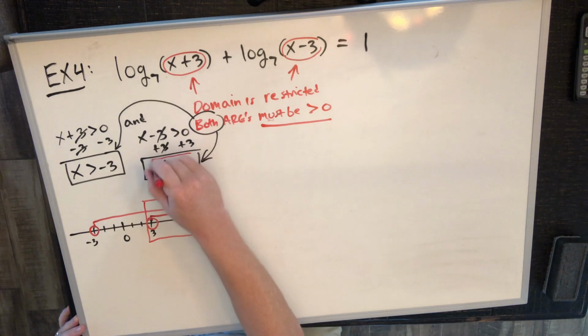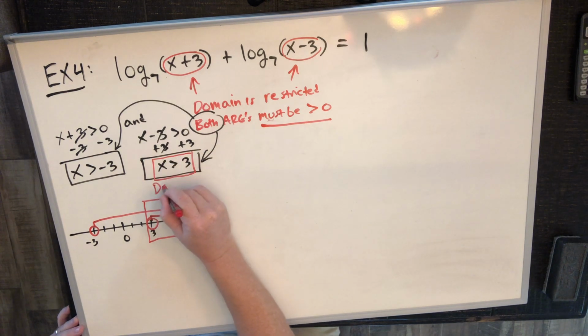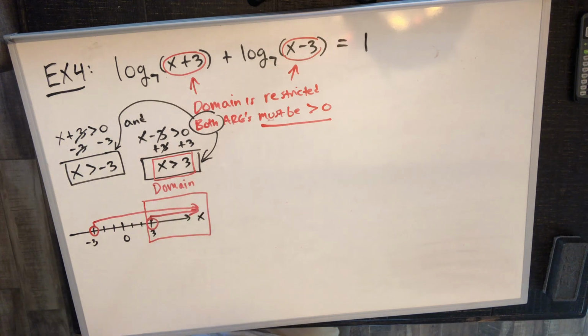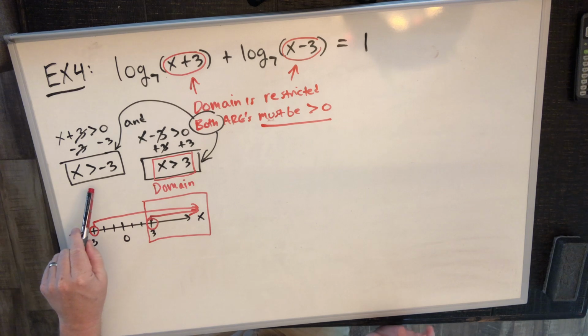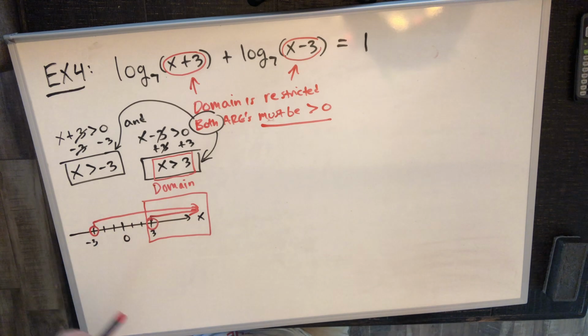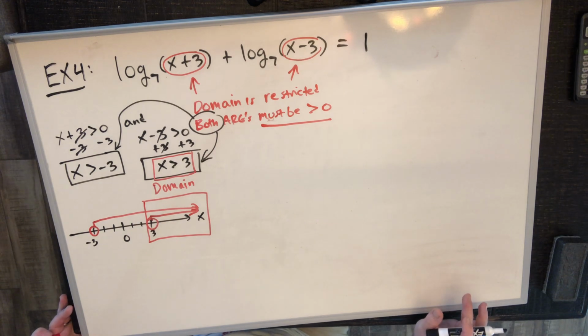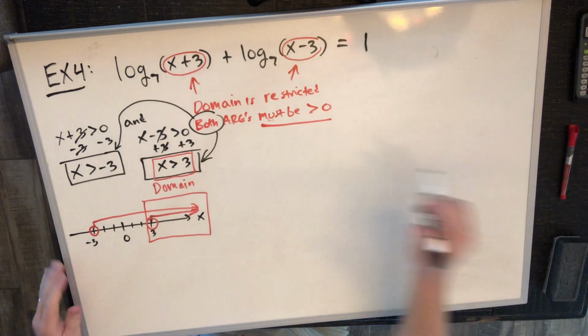So this is your domain. x must be greater than 3. So being greater than negative 3 is not sufficient. It must be greater than 3. Well, let's go ahead and solve it and see.